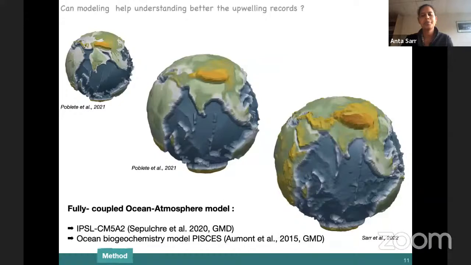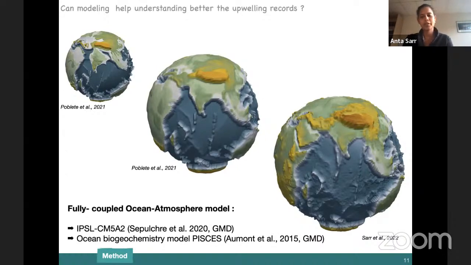We did perform a lot of simulations with this climate model under various paleogeographies from the Eocene onward toward the Miocene. And here in this presentation, I will show my work, which focuses on the Miocene part.